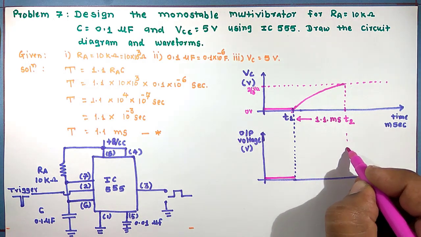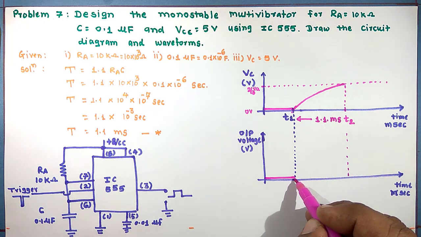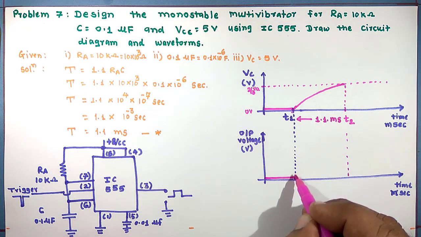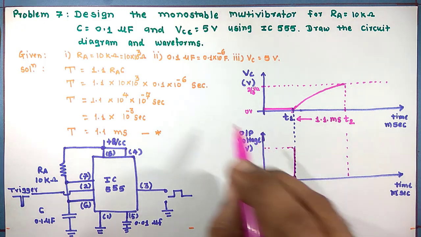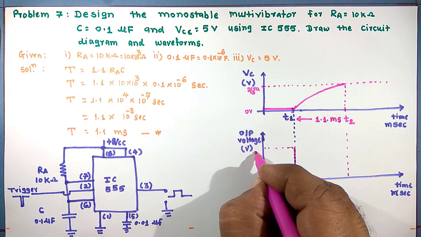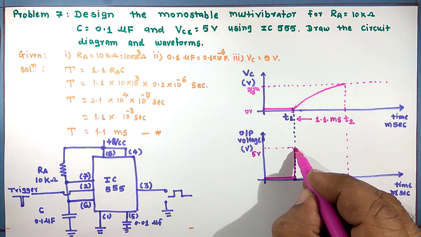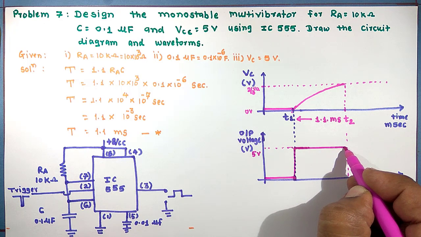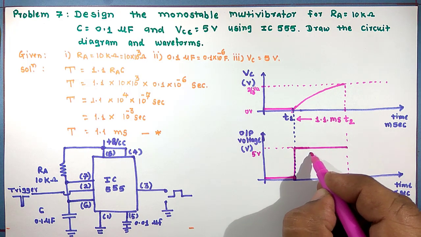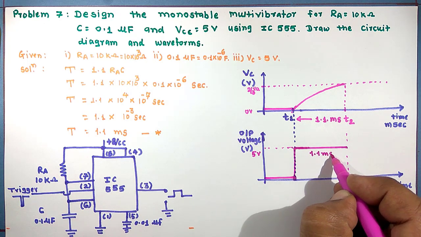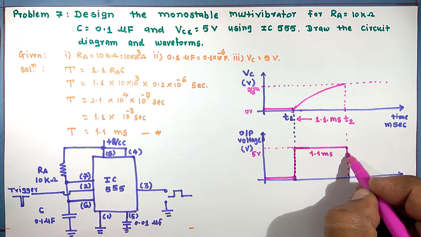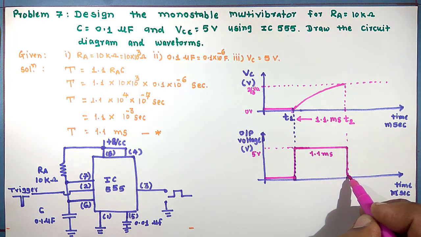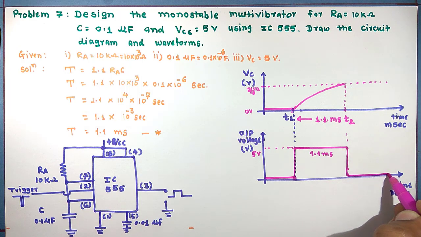So when output voltage goes high, say VCC is given, it's of 5 volt. The output remains high for 1.1 millisecond and automatically it returns back to its stable state.